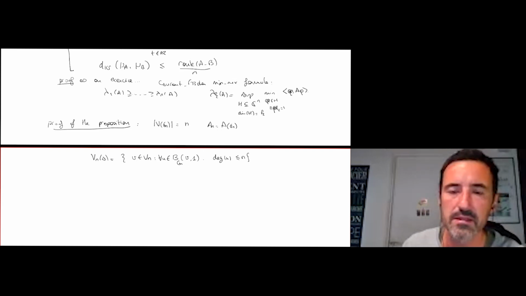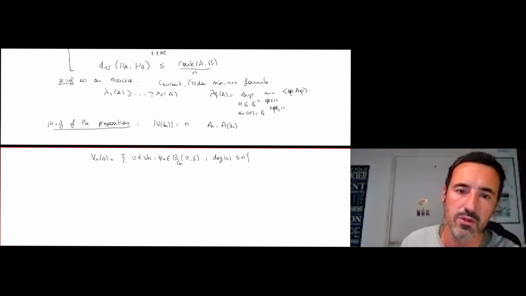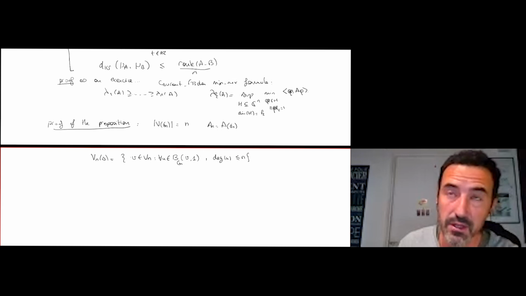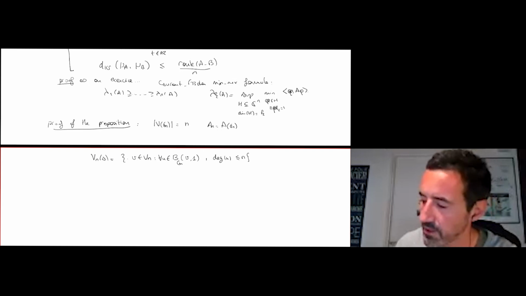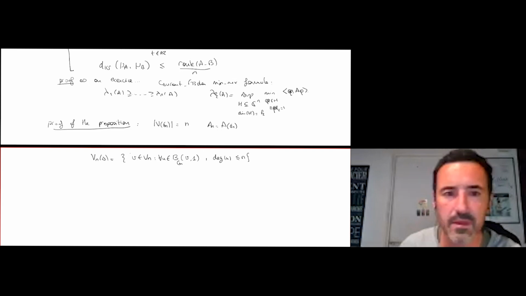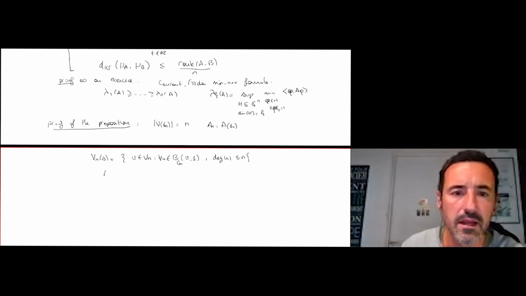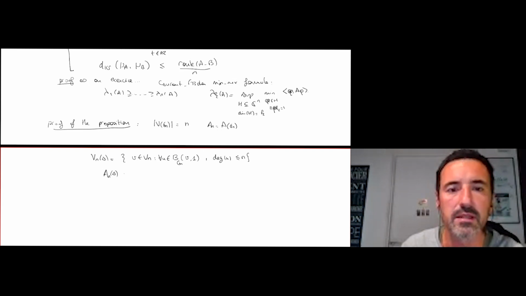So it's a subset of the vertices where you consider only vertices such that they have degree less than delta, and all their neighbors have degree less than delta.